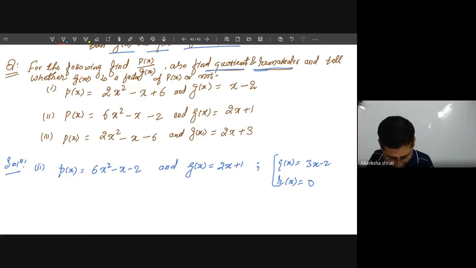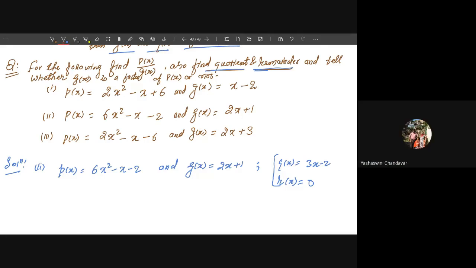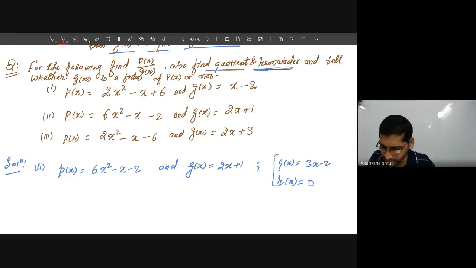Same answer also. Yes, Swani, what is your answer? Sir, same answer. Okay, remainder 0 and quotient 3x minus 2, good. Prarthana, your answer? Prarthana is not there? You must have done it at home. Okay, same answer, good.